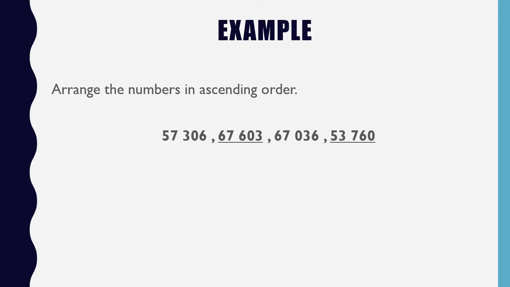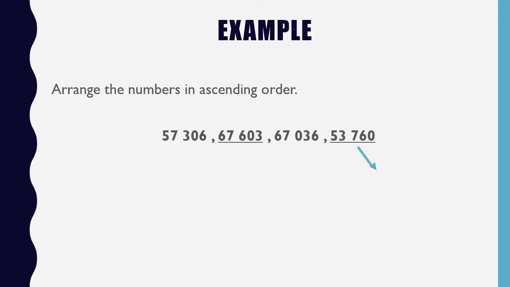Arrange the numbers in ascending order. We are given 4 numbers. First, we identify the smallest and the largest numbers. You can see the underlined numbers.